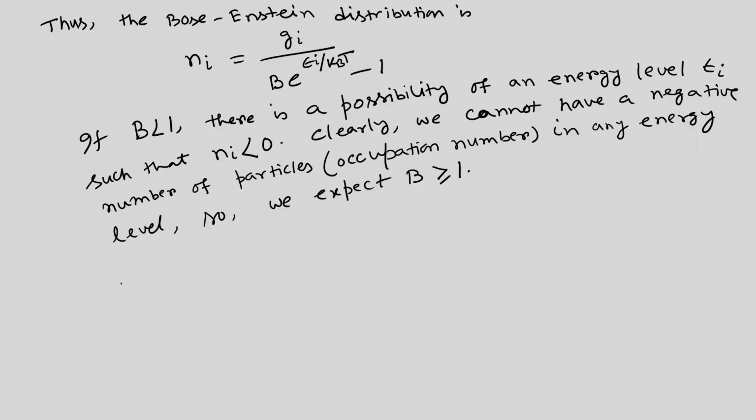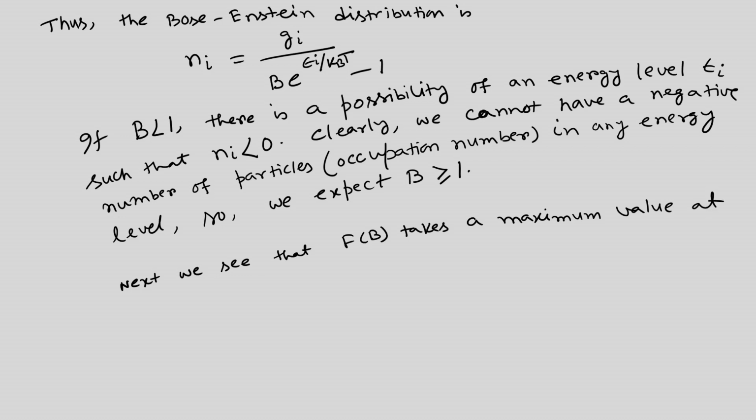Next, we see what is the maximum value of Fb when b equals 1. So, next we see that Fb takes a maximum value at b equals 1.